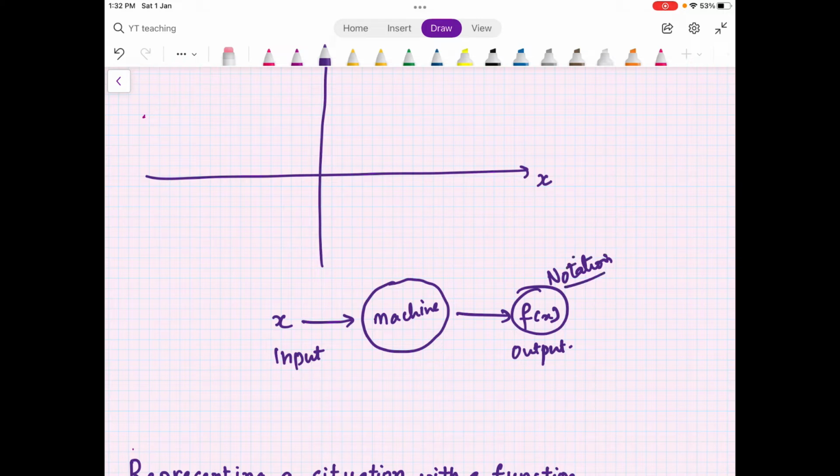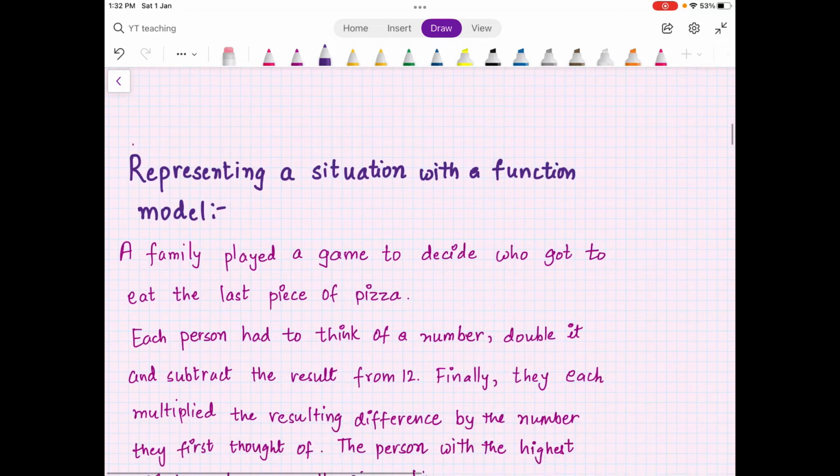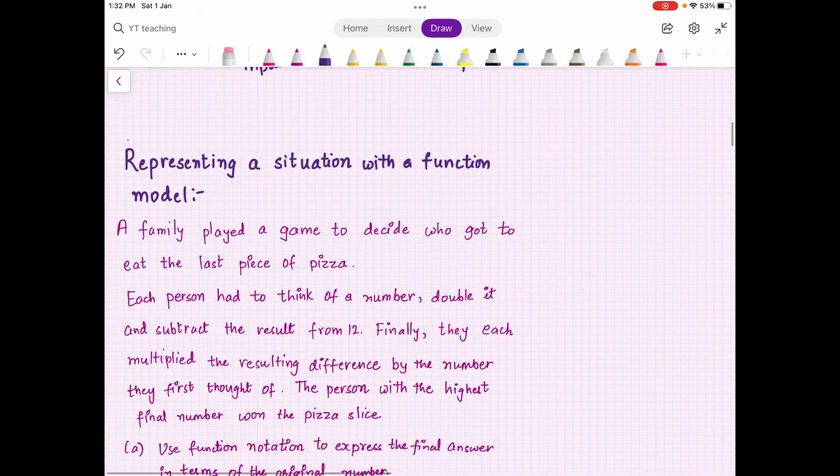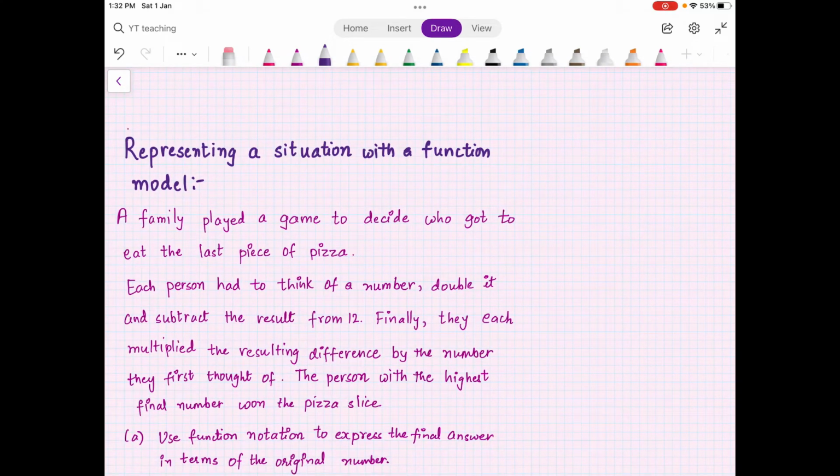Now let us discuss some examples. This is an interesting situation, and you will love this particular problem. Look at the title: it is representing a situation with a function model. We have a real life situation and we will try to use functions.